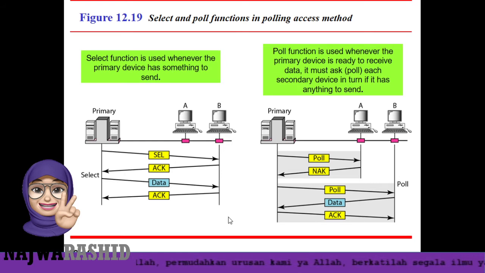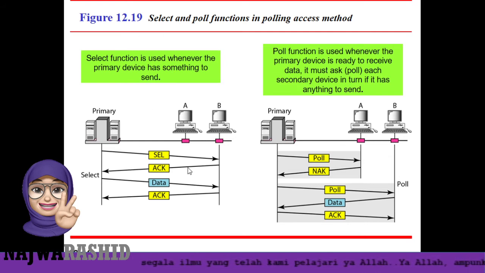Refer to this figure, we have the primary station and the secondary stations. Those are in the same network and can send or transmit data or messages. We use the select function if the primary device wants to send data to any secondary device in the same network.